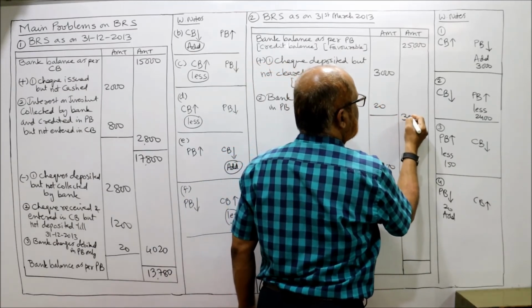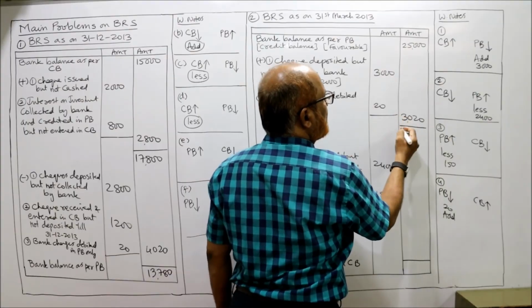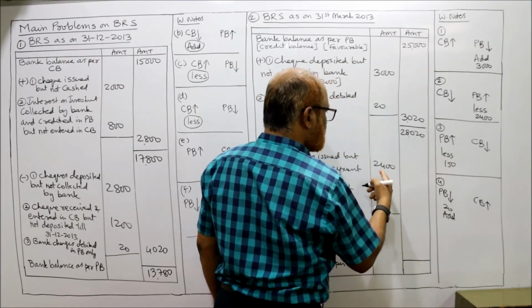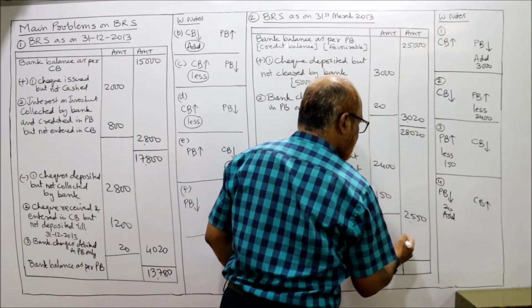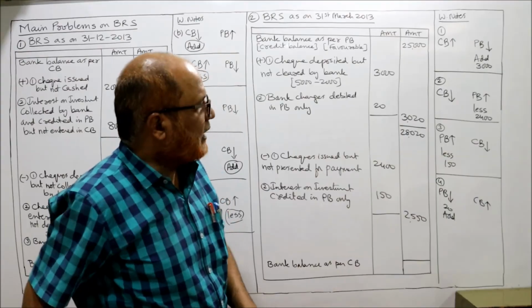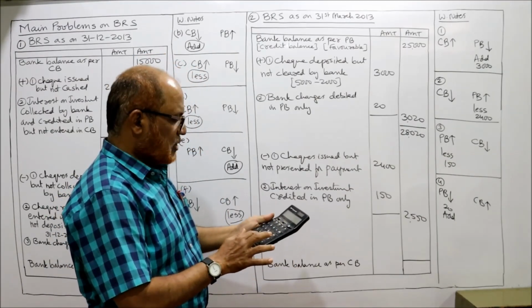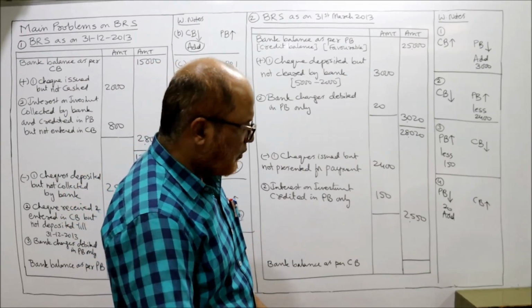3,000 plus 20, 3,020. Now add up: 25,000 plus 3,020, 28,020. Subtract items: 2,400 plus 150, 2,550. Now I subtract: 28,020 minus 2,550 comes to 25,470.